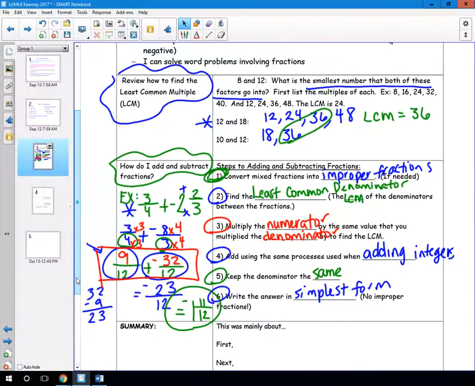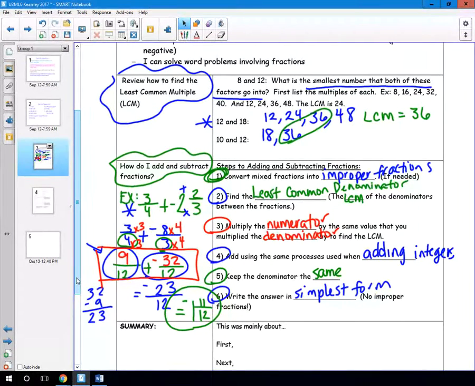So let's recap our steps. First thing when you solve a problem, you're going to look and see if you have any mixed numbers. If you have mixed numbers, you're going to change them to improper fractions. Step 2, you want to look and you want to find the least common denominator between those numbers you're adding. Okay, so you got that denominator needs to be the same. And when you change the denominator, whatever you multiply the denominator by, you also need to multiply the numerator.